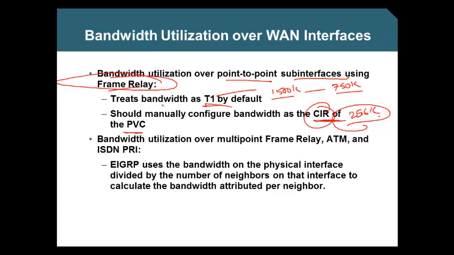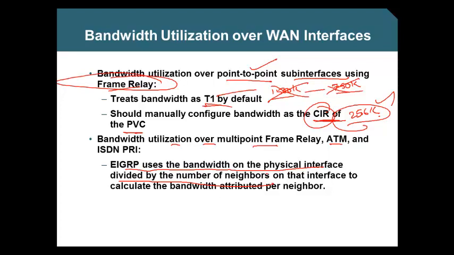So there you need to go and configure on the point-to-point interface saying I've got only 256K. Bandwidth utilization over multi-point Frame Relay ATM: EIGRP uses bandwidth on the physical interface divided by the number of neighbors, which I just now did not know in the previous slide.